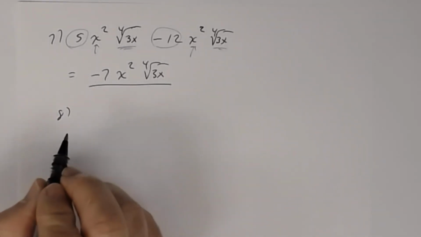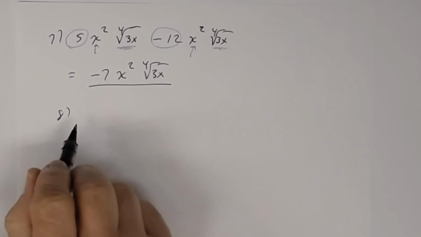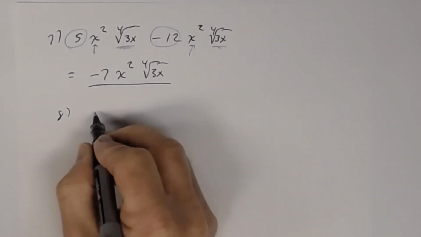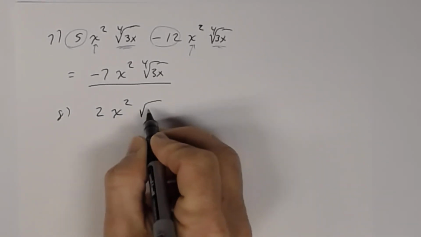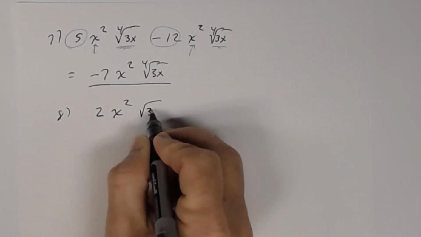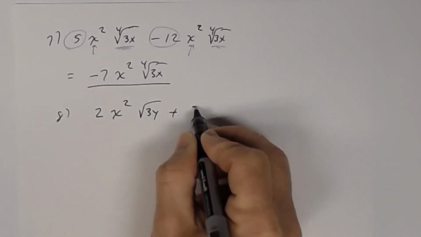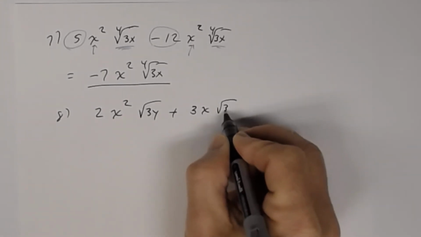Now, before we do the last one, let's look at this one first. If I have 2x squared square root of, let's say, 3y plus 3x square root of 3y.